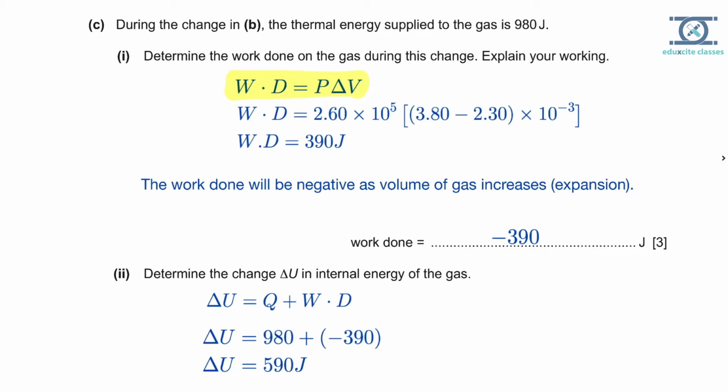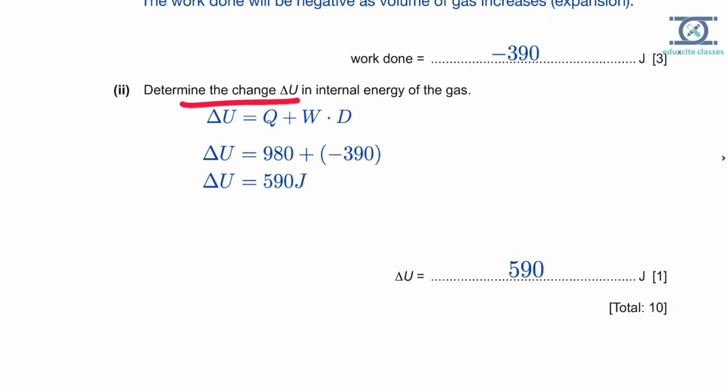Always remember one thing: if volume is increasing, then the work done will be negative, and if volume is decreasing, compression, then the work done will be positive. Now determine the change in internal energy, delta U, of the gas.